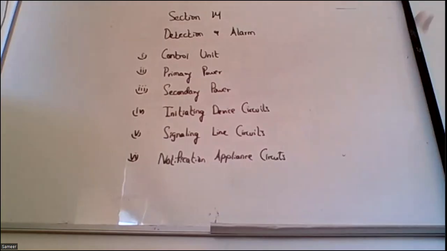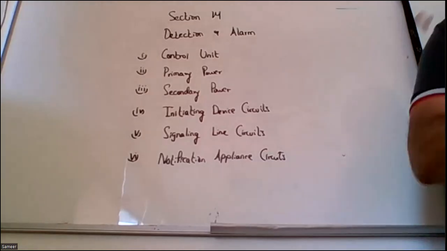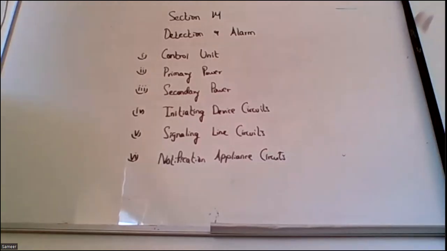Initiating device circuits indicate a type of circuit in which, when a single device operates, the whole circuit initiates. We will discuss that in a conventional system, where we will see how a device operates and the whole circuit initiates. So that's initiating device circuits. Signaling line circuits mean a two-way communication, which could be in any form.